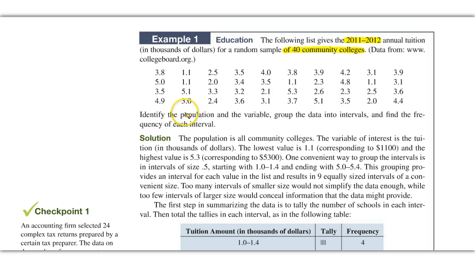So what they wanted you to do is to identify from this data what are your populations and variables, group the data into intervals, and then find the frequency of each interval.